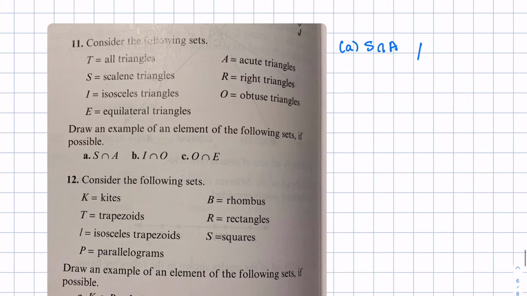So I want to make sure I draw something that doesn't accidentally end up being isosceles. It's hard to do. It's not super obvious that I've done that. Let's see. Sorry, I'm just trying to move things around so it's not super obvious.